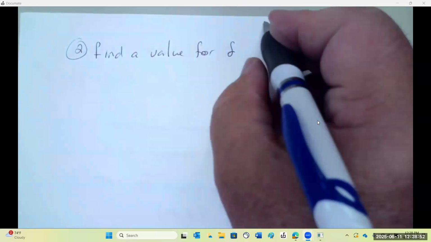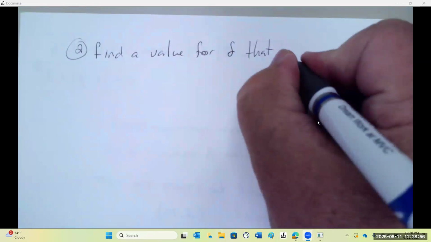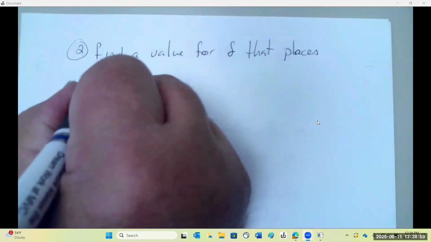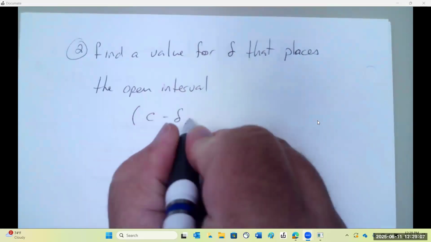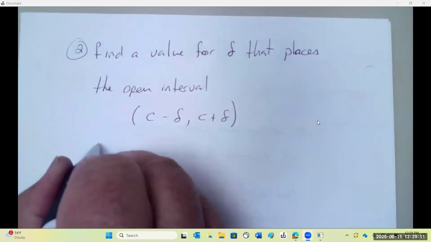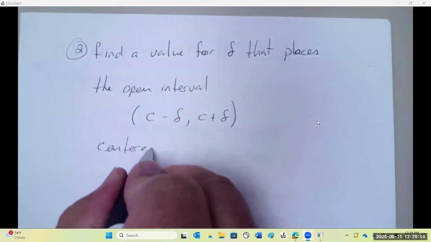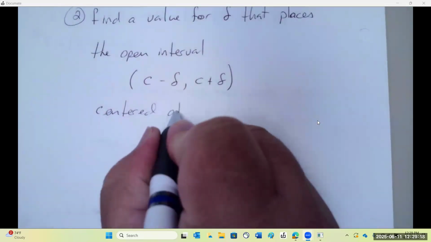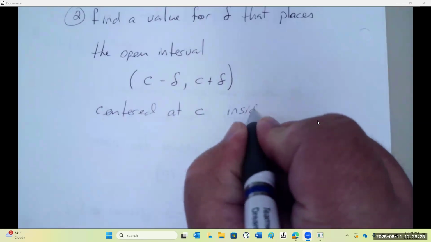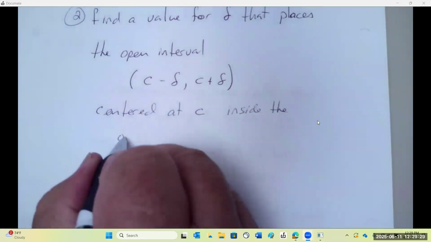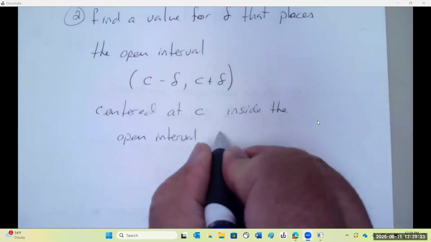Step two, remember, now we have an open interval. Step two says find a value for delta that places the open interval C minus delta, C plus delta, centered at C, inside the open interval AB.